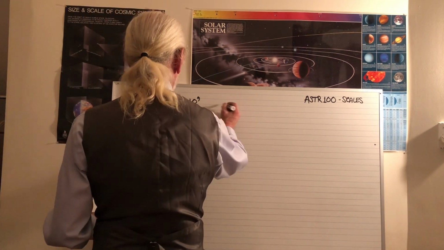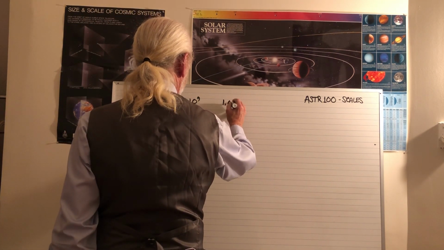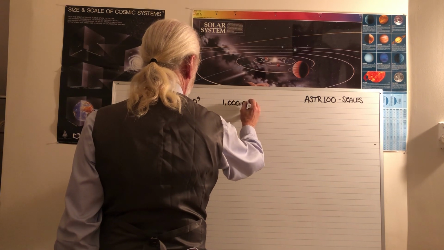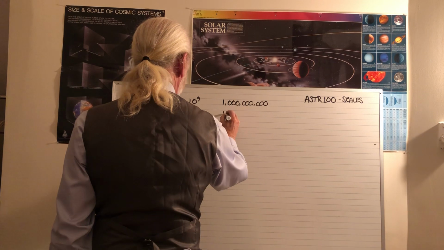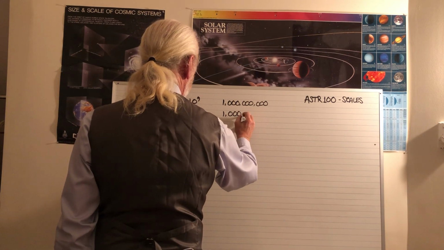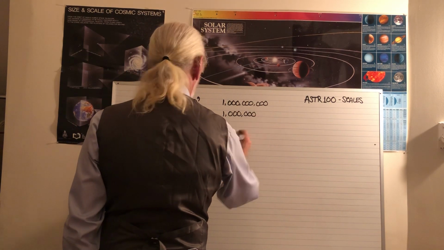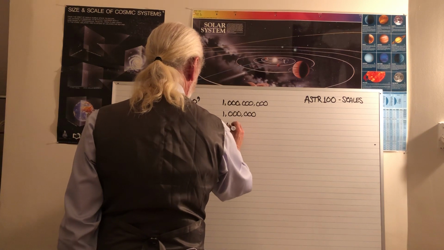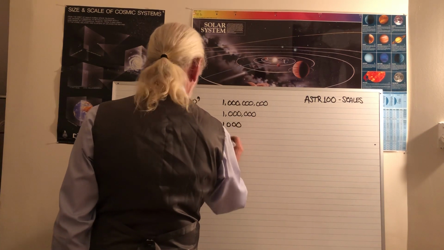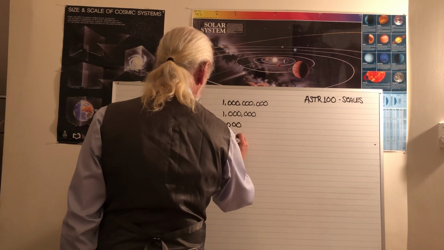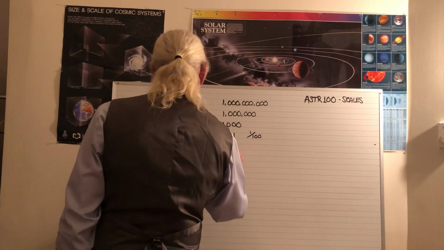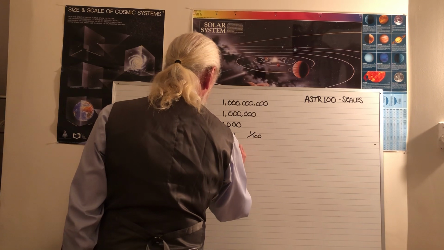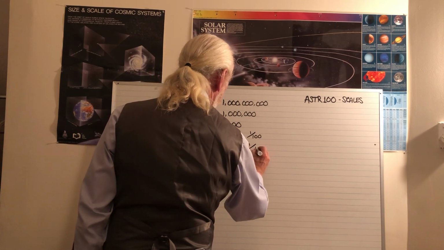So that's giga is 1 billion. Mega is 1 million. Kilo is 1,000. Centi, 0.01 or 1/100th. Milli is 0.001 or 1/1000th.